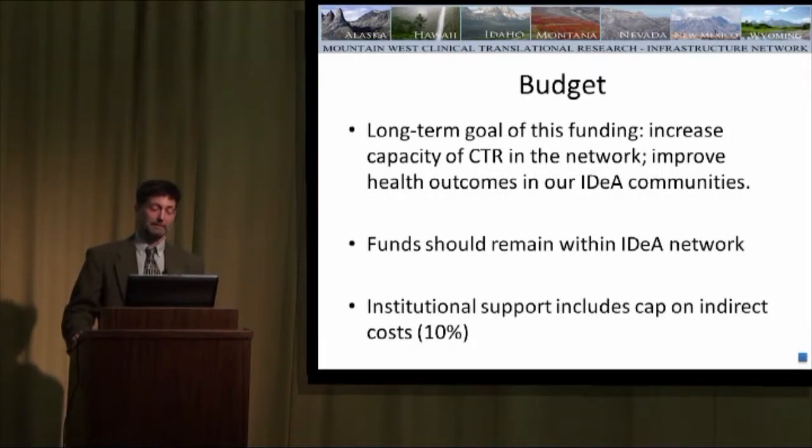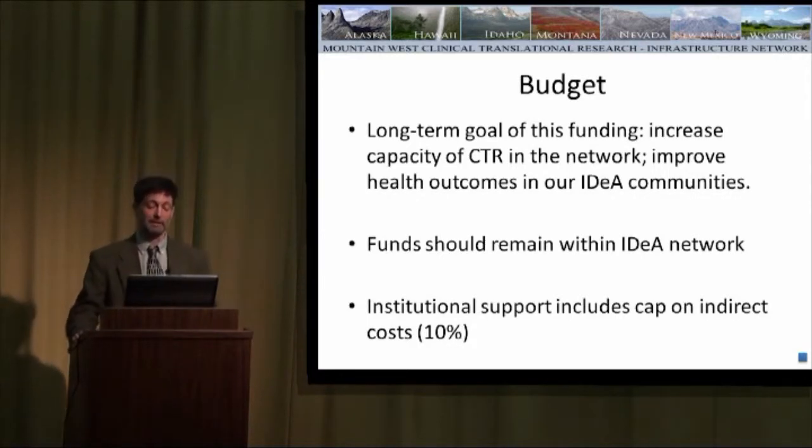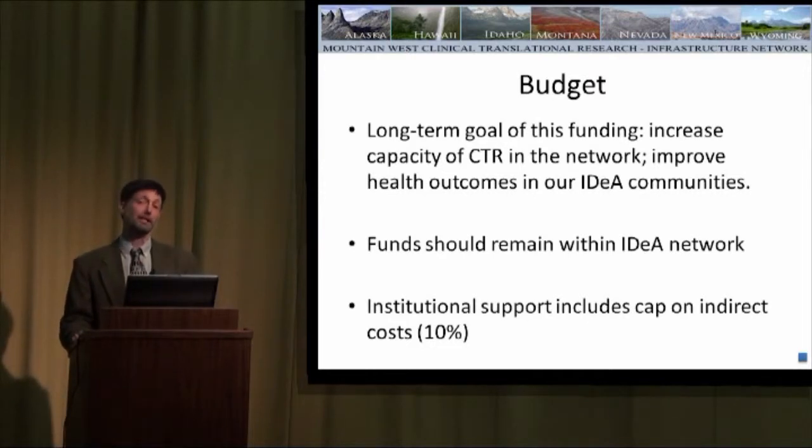And then this is an element often, we talk about direct costs versus indirect costs, or F&A costs, and for the purposes of this pilot grant application, all the partner institutions that are part of this Mountain West CTR have agreed to allowing a 10% F&A or indirect cost rate, which is extremely generous on the part of those institutions.